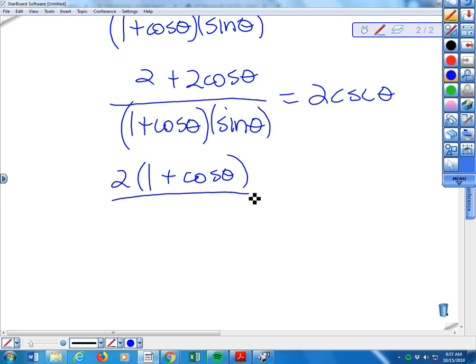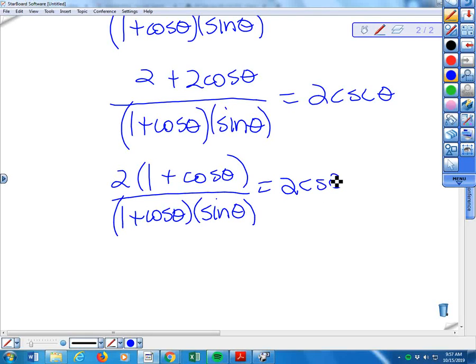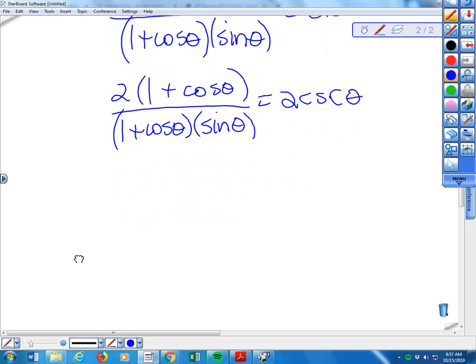Divided by 1 plus cosine theta times sine theta equals 2 cosecant. This cancels. So 2 over sine theta, which is 2 cosecant theta. So it's just a lot of rearranging.